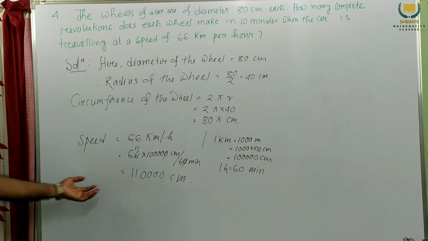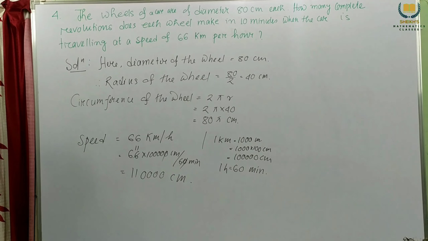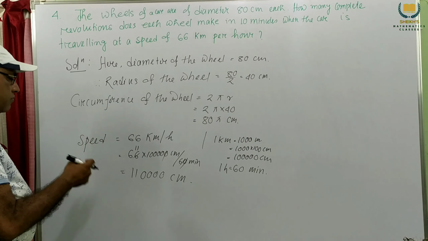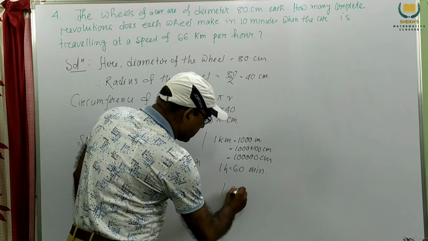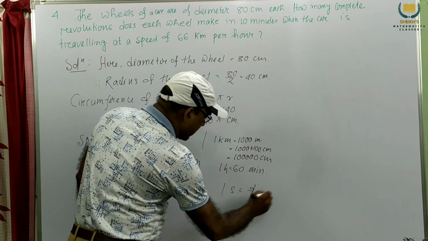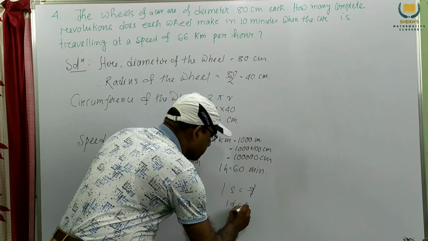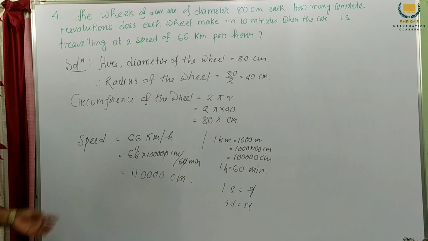Now this one is the speed of the car. So we know speed equal to distance by time, then distance equal to speed into time. Now what is the distance in 10 minutes?